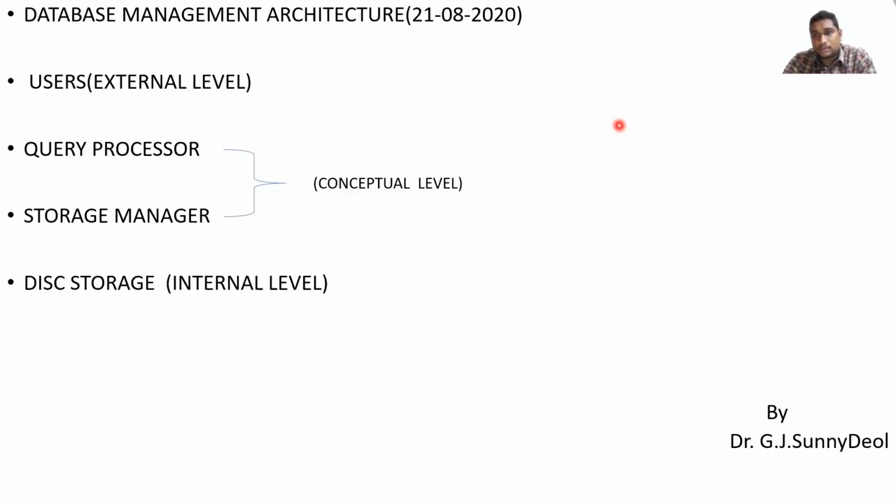DBMS architecture is also three levels, but here we look at how the software is involved while retrieving the data from the database for the user. In database management architecture we have four levels, but representatively it is three levels: external level, conceptual level, internal level.